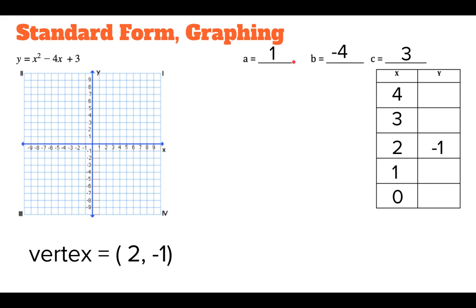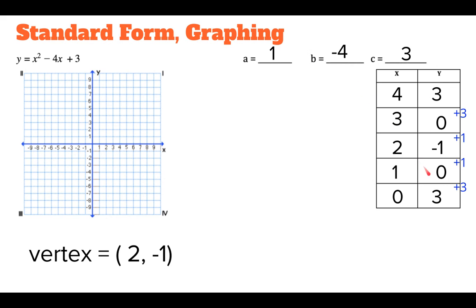Now, because A is 1 here, the quick and easy way is if you remember the pattern, these y values are going to go up. So from -1, it's going to go up 1 and then up 3. Up 1, up 3. So all I'm going to do is add those numbers and I get those results for my y values.